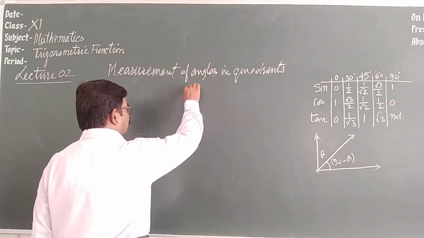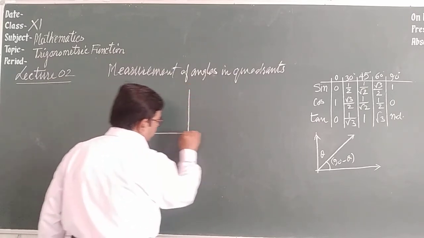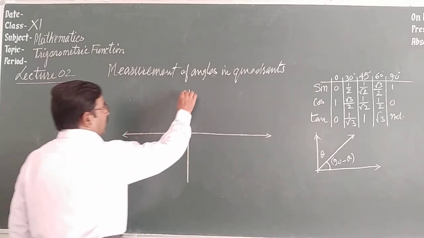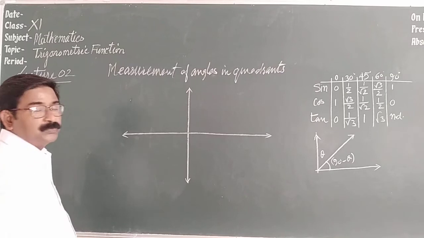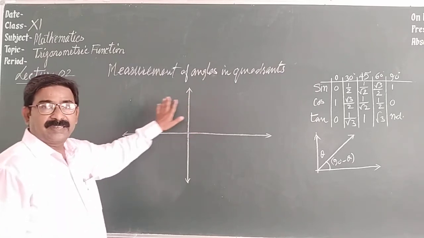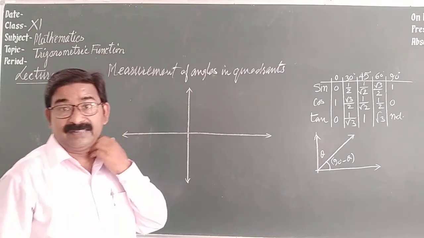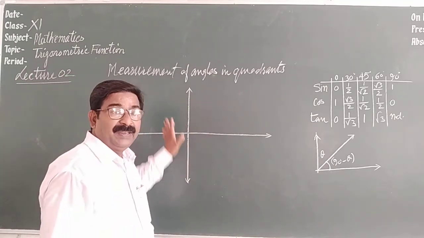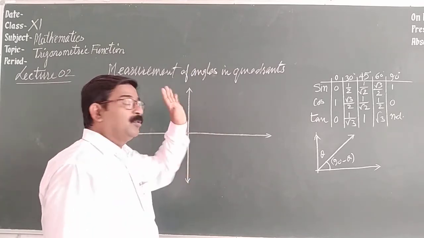See, this one is the Cartesian plane and axis. First quadrant, second quadrant, third quadrant and fourth quadrant. As I told in my previous lecture, the angle may be in any of these quadrants.